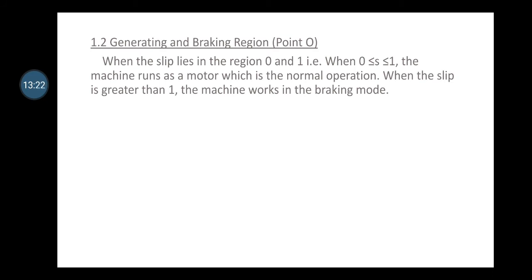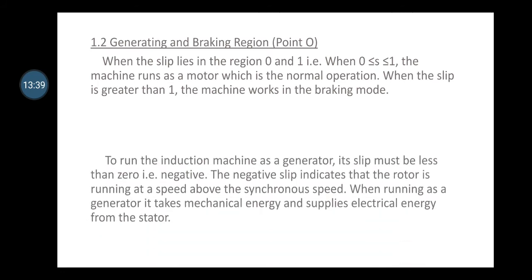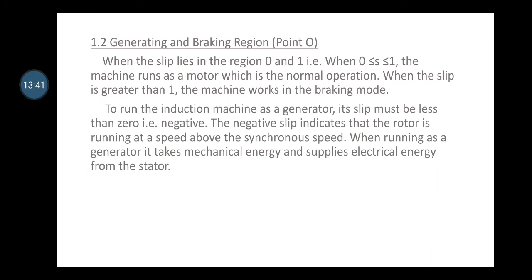When slip is greater than 1, the machine works in braking mode. To run the induction machine as a generator, the slip must be less than 0. That means the slip should be negative.